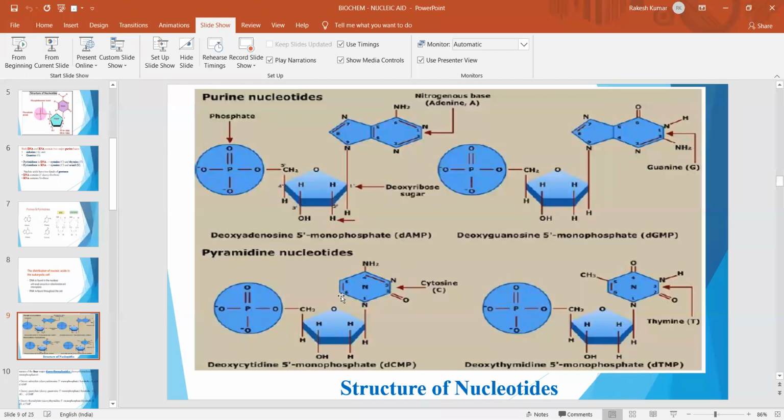Whereas in case of pyrimidine nucleotides, there are cytosine and thymine nitrogenous bases attached to sugar, that is 2-deoxy-D-ribose sugar, which is attached to phosphate group at carbon 5.